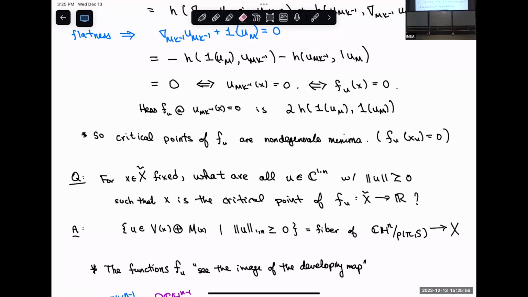Well, the answer is they're exactly the vectors u which are contained in the fiber at x in the first two summands. Because the critical points are exactly when the function is 0, and the function is the projection onto the last factor. And so this is exactly the fiber of the geometric structure.